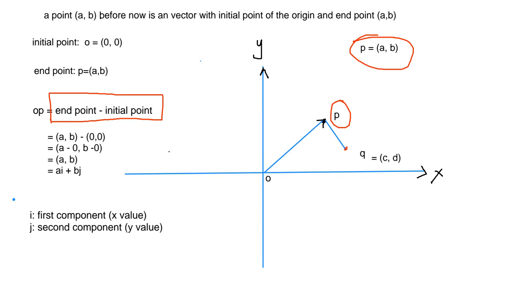So if I write down PQ, that means P is initial point, Q is endpoint. So P is A comma B, and Q is C comma D. By convention, the first letter is initial point. The second letter is the endpoint.